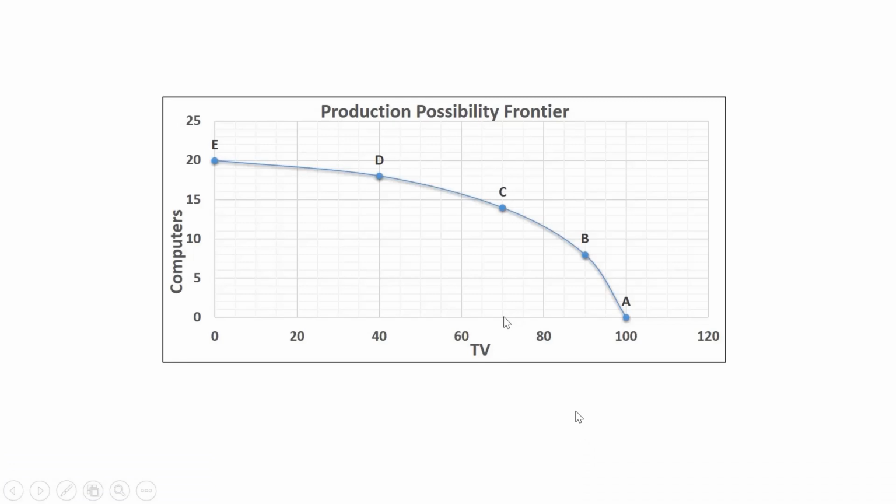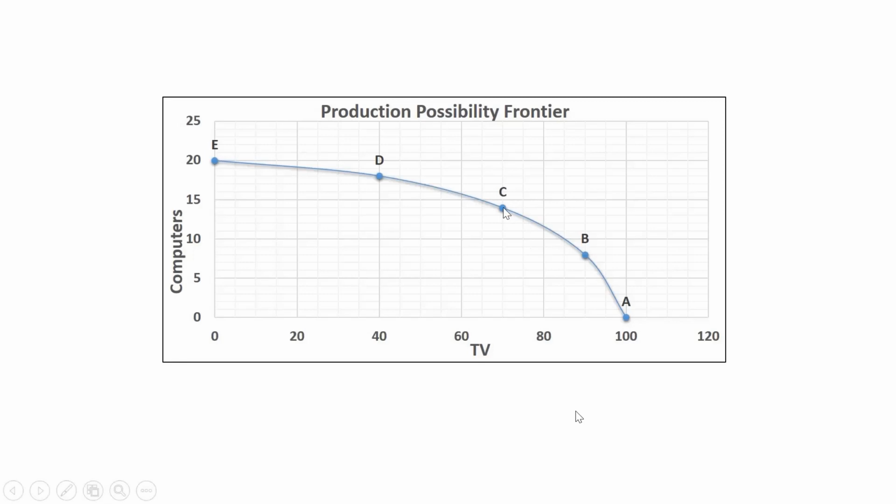That means we have sacrificed 20. And this clearly tells us that opportunity cost is increasing. From A to B, 10 TV has to be sacrificed. B to C, 20 TV has to be sacrificed. So opportunity cost is increasing.